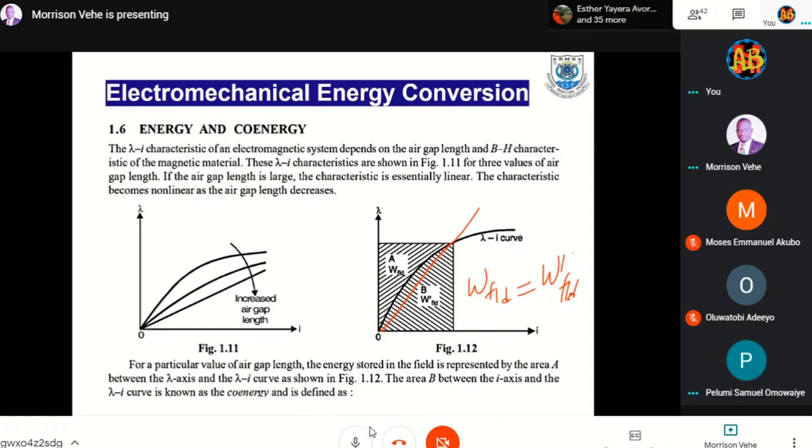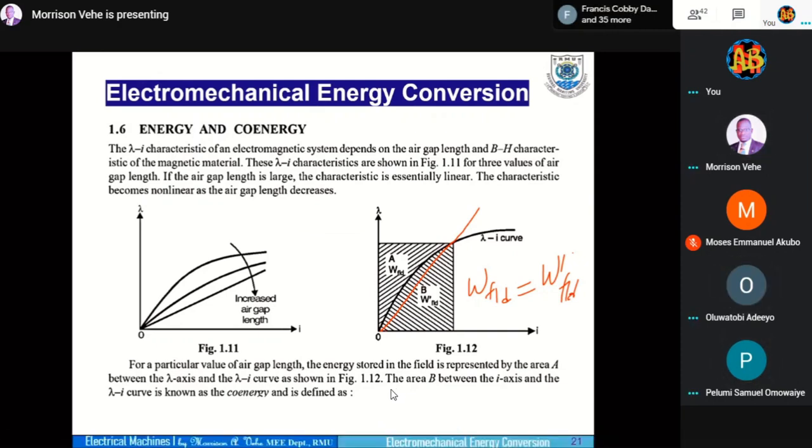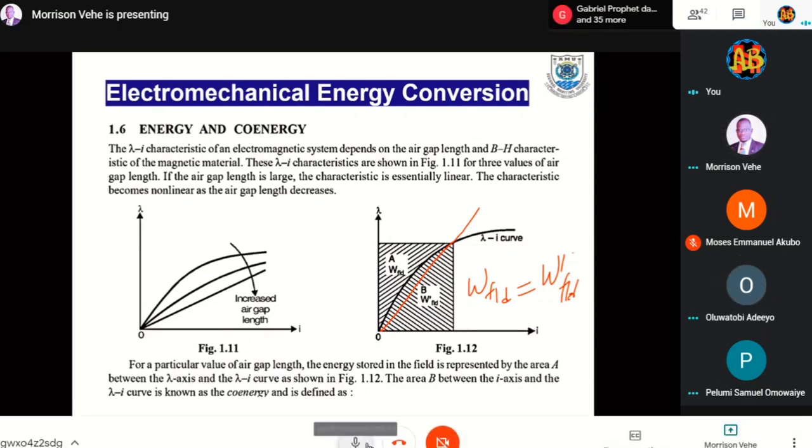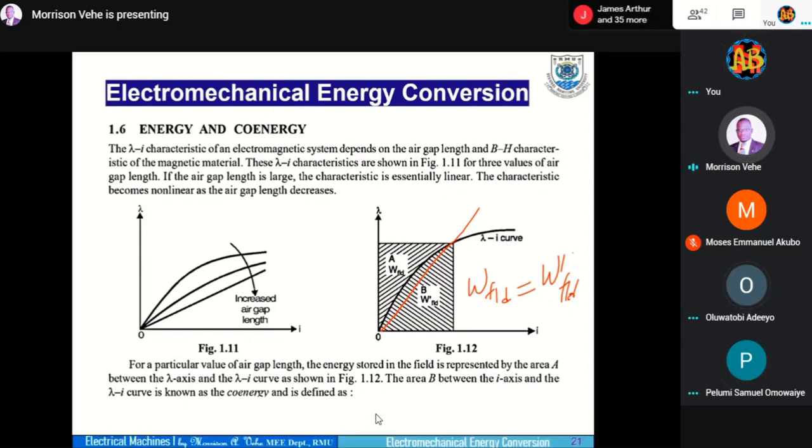It is non-linear. By observation, you can see that the co-energy is greater than the energy, because the lambda-i relationship is non-linear.